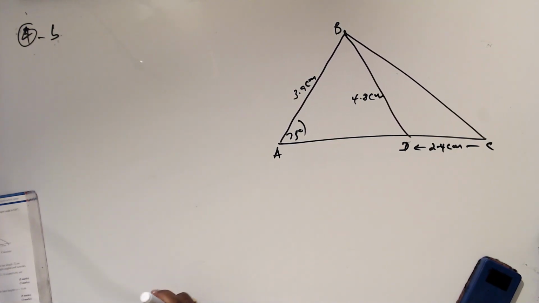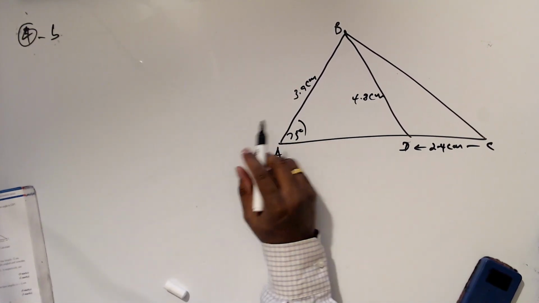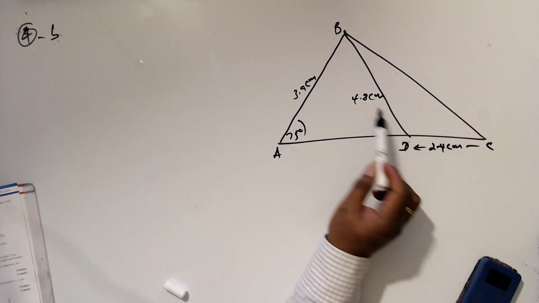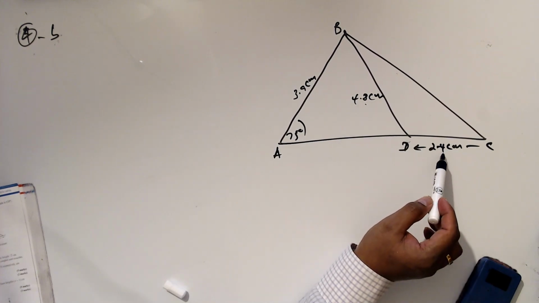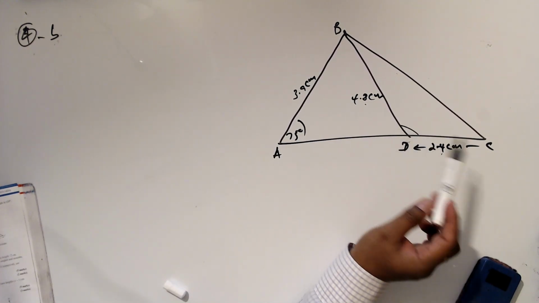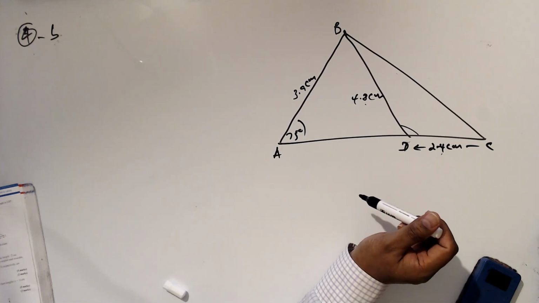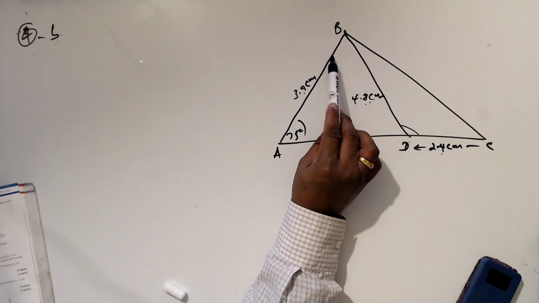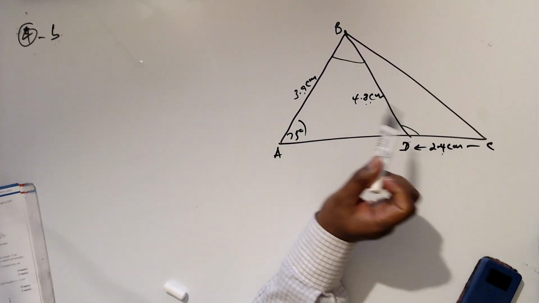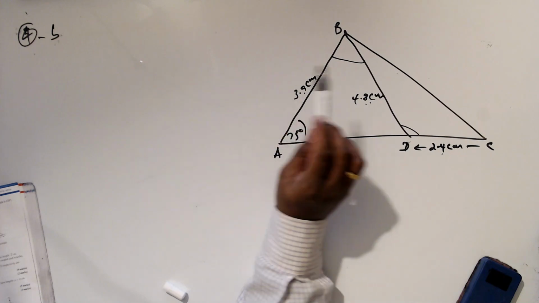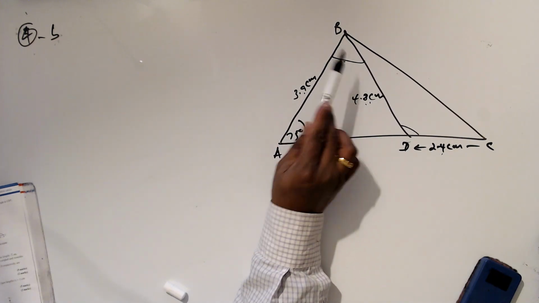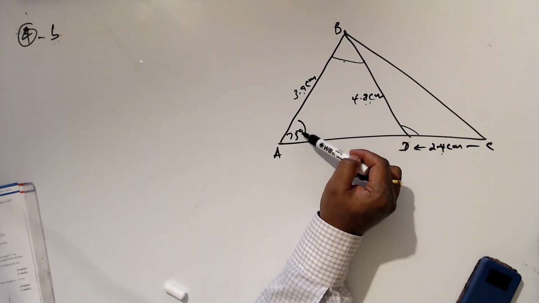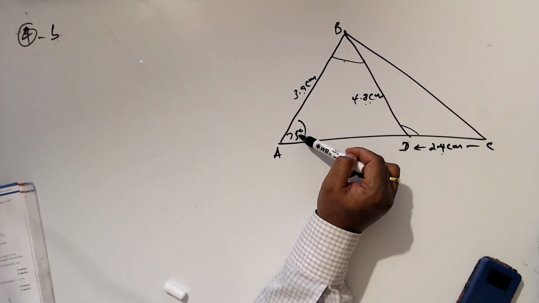Part b. What is our plan now? From this triangle, I know this length and this length. If I know this angle, half a b sine C. And I know this length and this length, and if I know this angle, half a b sine C. How am I going to find this angle?